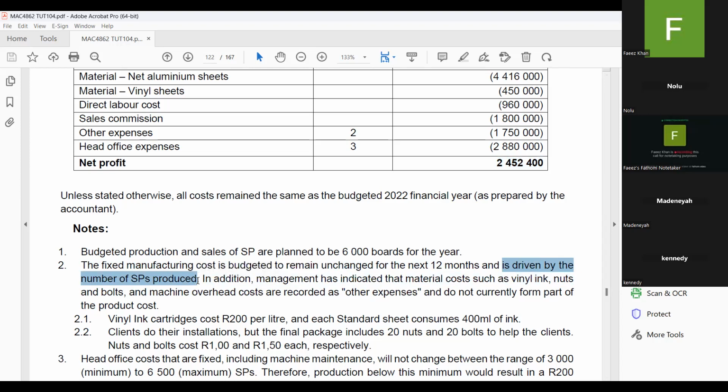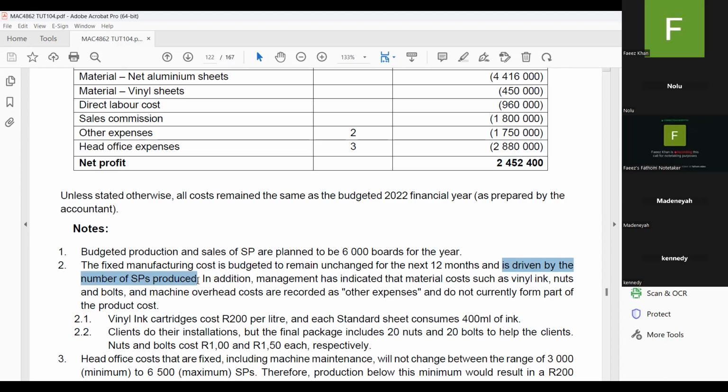So the manufacturing overheads is always based on something. Is it based on an input? Is it based on an output? So what is the activity based on? The activity can either be an input or an output. So what is an example of an input?